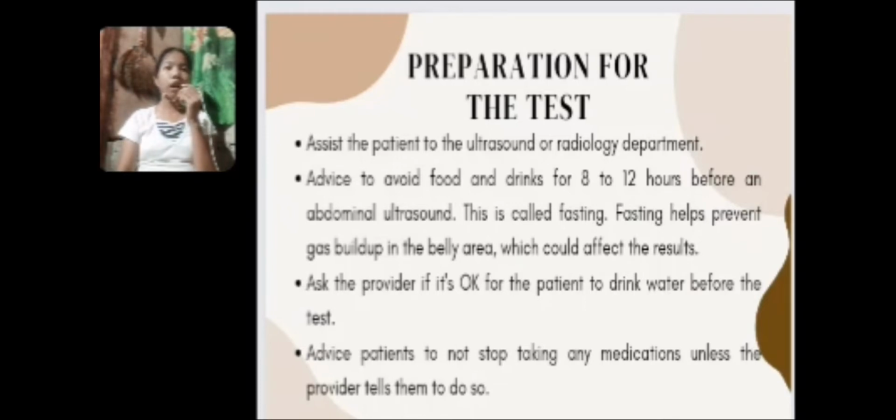So the client must do fasting and avoid food and drinks for about 8 to 12 hours before the abdominal ultrasound procedure. It is to prevent gas buildup in the belly, so that it does not affect the result.